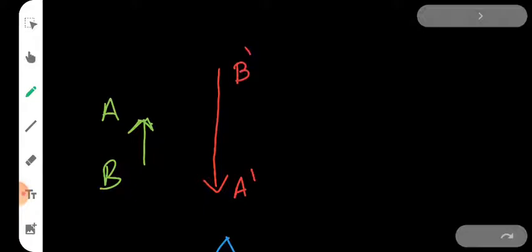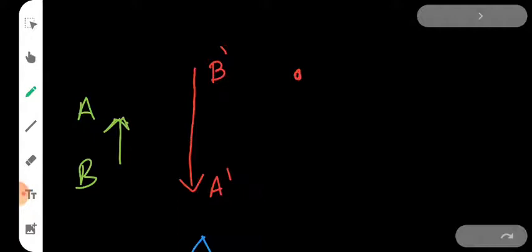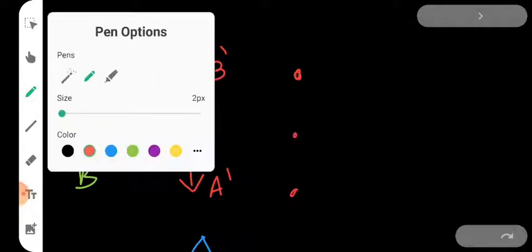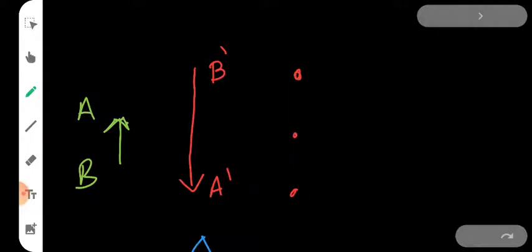Again, what are the three distinctive features of the image as compared to the object? As you can see, the size is enlarged. See, the image is now enlarged. Orientation: inverted.